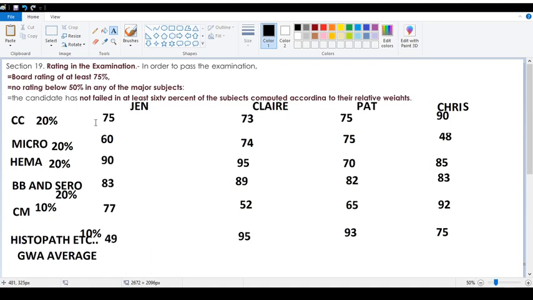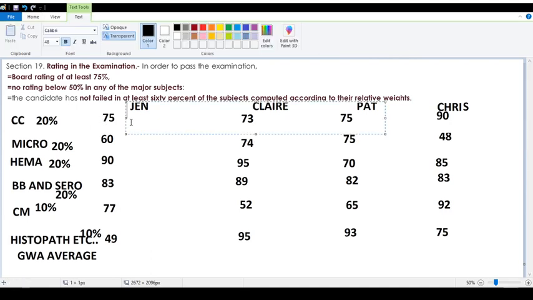20%. Why? Because the 10% of 75 is 7.5. However, we need the 20%. So, you times it by 2. Okay? So, 7.5 times 2 to get the 20%. Nakukuha ba?